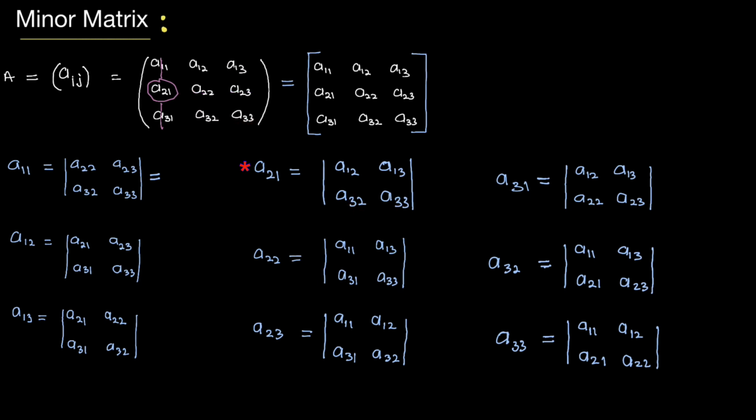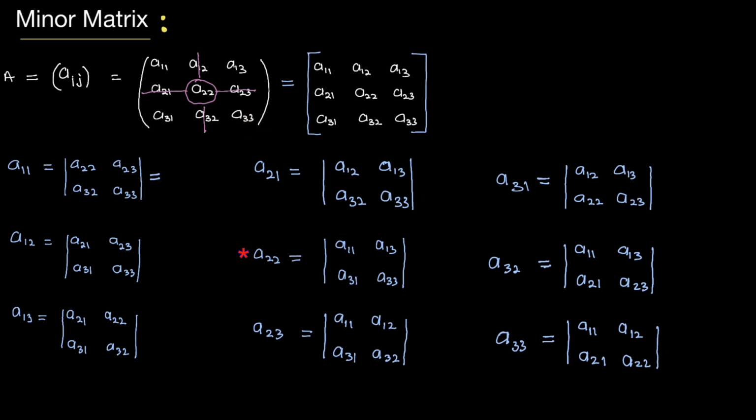So let's try the minor matrix for A22. For element A22, draw the horizontal line and the vertical line. And any element not on the line will be an element of the minor matrix of A22. And the minor matrix for A22 will be A11, A13, A31, and A33.